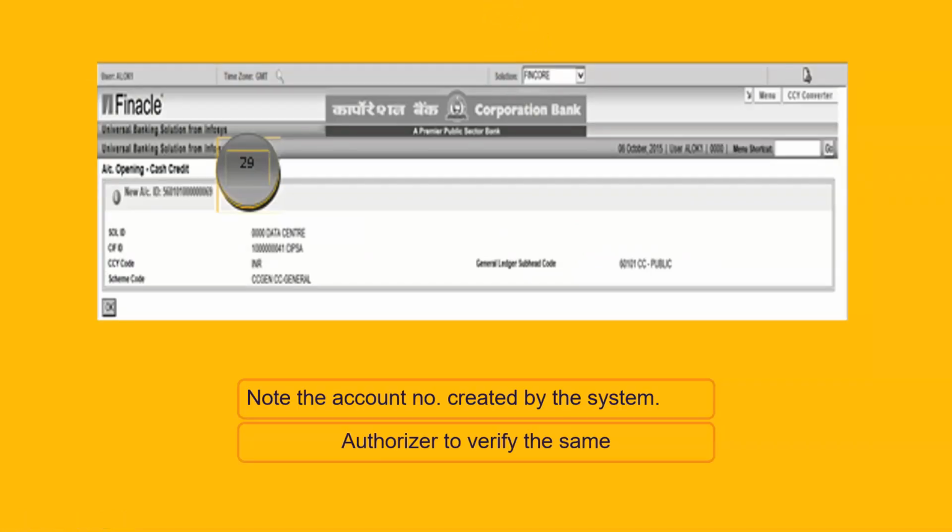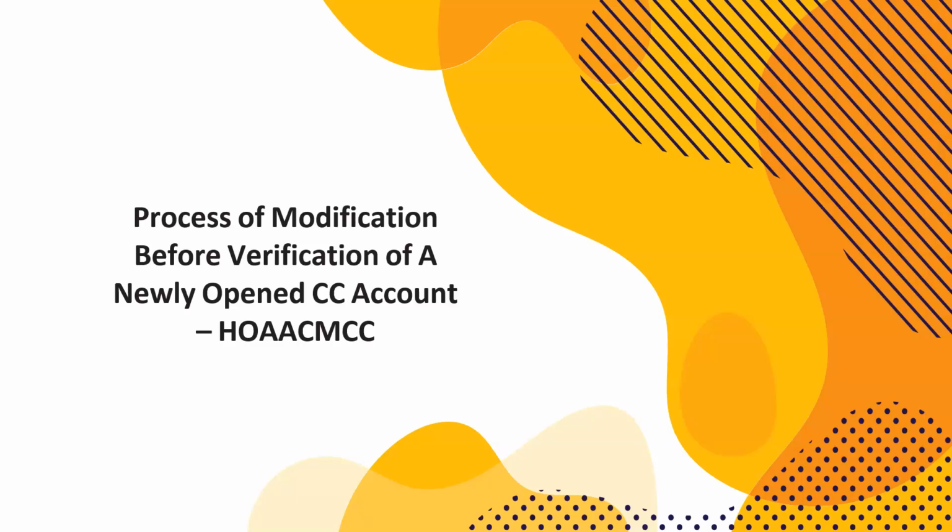So note the account number created by the system, and it has to be verified by another user, another officer. It has to be verified. Another process that I told you while opening a savings bank account also, the same maker can modify before verification. Suppose I opened an account, I felt certain data has been entered wrongly, or I have omitted to enter some data.